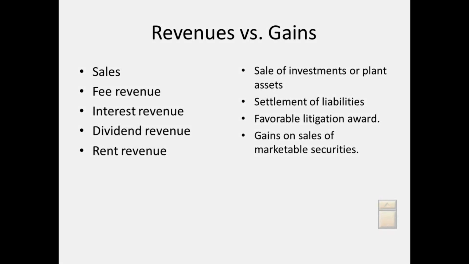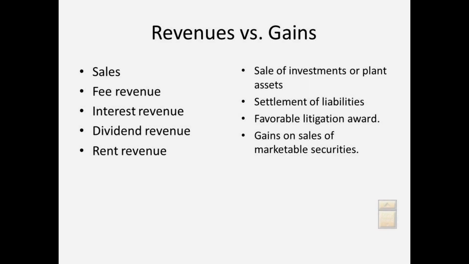What about gains? How do companies end up getting gains? Because it's not part of their normal ongoing business. Okay, so selling property, plant, and equipment. You can sell land, buildings, equipment. You normally have a machine, you're going to use it, right? Going concern says we're going to use it for the whole life of the machine. But at the end, we might dispose of it in some way.